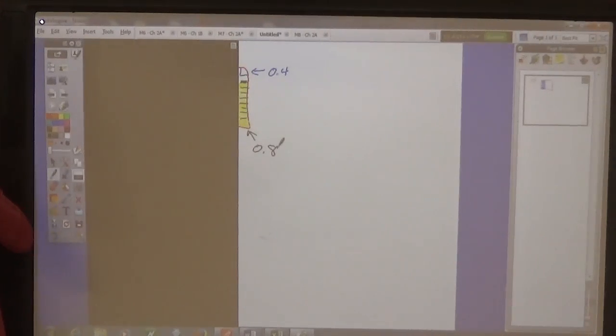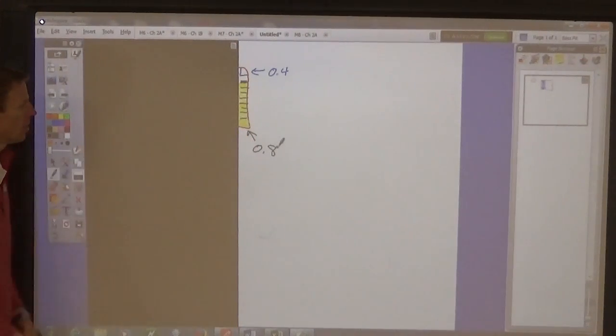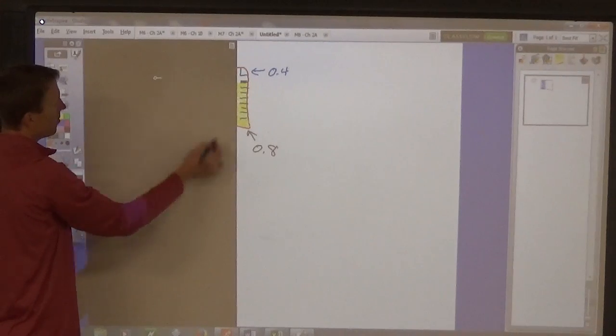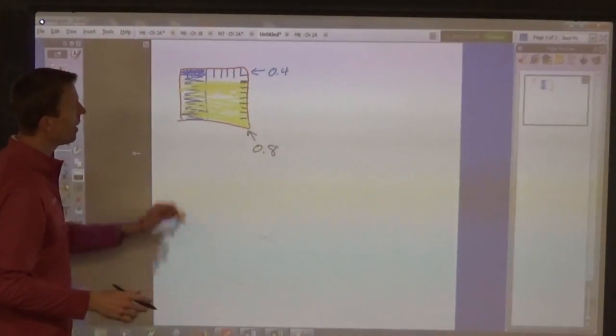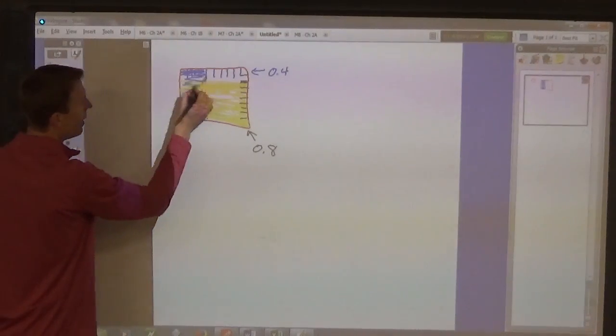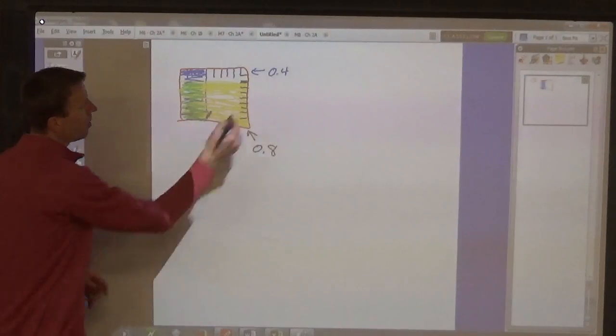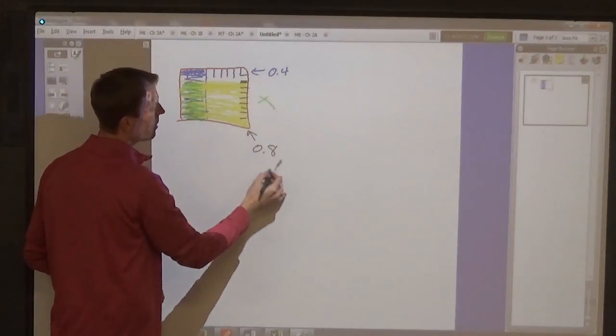Stop talking. Stop making noise. Does everybody see this model as 8/10? Sure. Okay, good. Now, when we look at it, the double shaded portion that's in green, that shows the answer to 4/10 times 8/10.